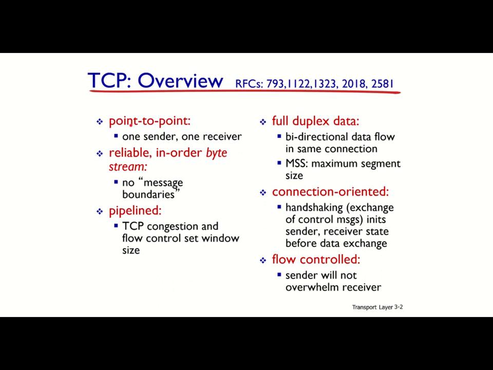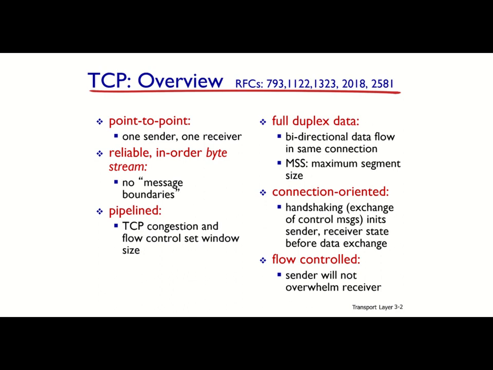TCP is a point-to-point protocol, which means it has one sender and one receiver. It's also a reliable protocol, which means you have an in-order byte stream, and there would be no data loss experienced by the application layer. It is pipelined, similar to go-back-N or selective repeat protocol.